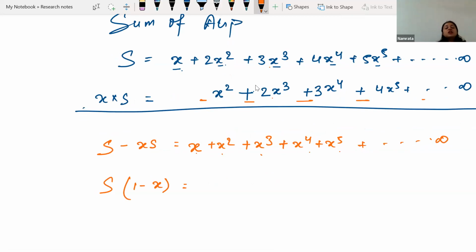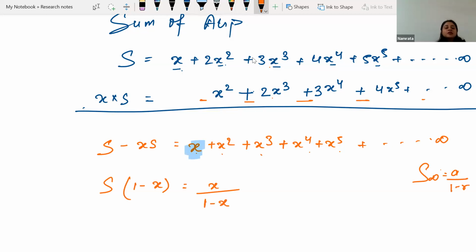Purely an infinite geometric series, where we have learned the formula as a by 1 minus r. Here, what is the value of a? The first term is x. And the denominator is 1 minus x, right?